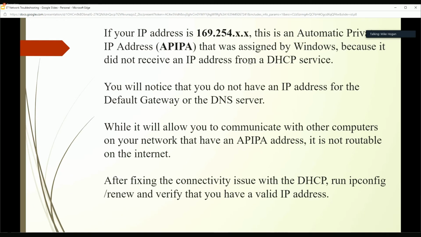What I would try to do is release that and see if you can get your DHCP server to give you another IP address. If it does, then great. If it doesn't, then you're going to have to look at what connectivity issue you might have that's causing that 169.254 address to be held on to.